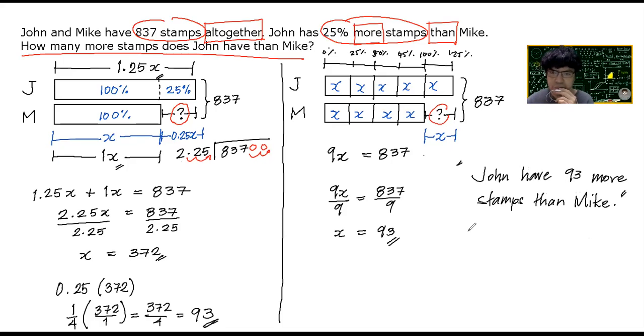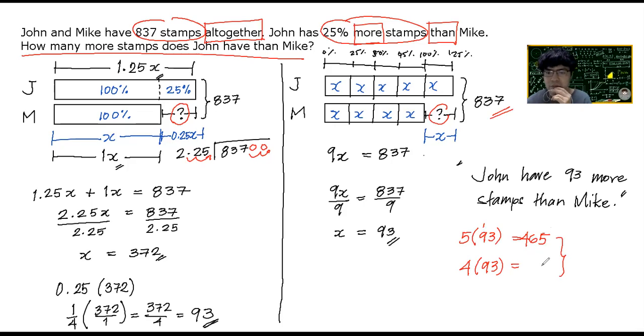Now, 5x. 5 multiplied by 93. Let's see if they have the same total as 837. 4 times 93. So multiplying 5 by 93. So 3 times 5 is 15. Regroup 1. 9 times 5 is 45 plus 1 is 46. So 465. Putting it together with 93 multiplied by 4.